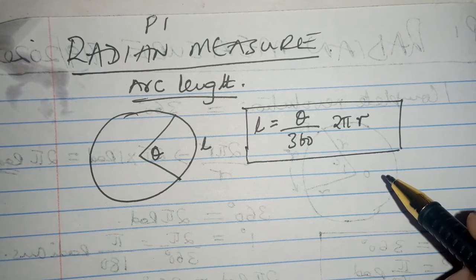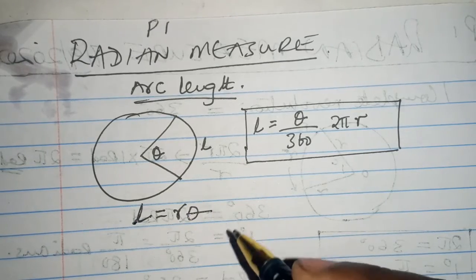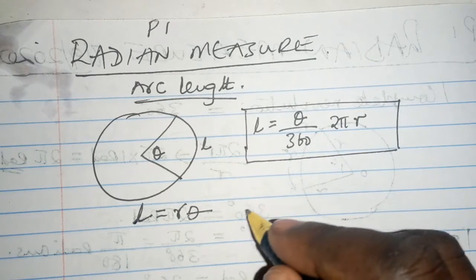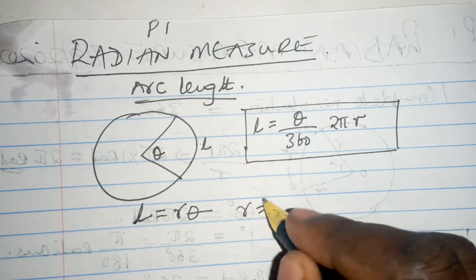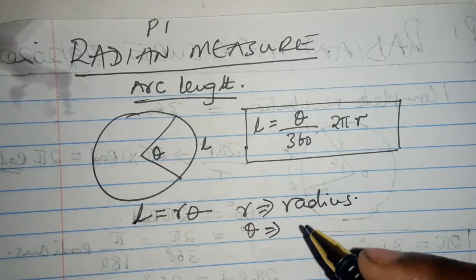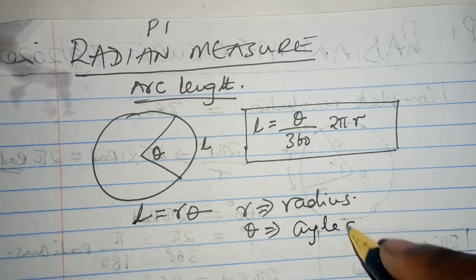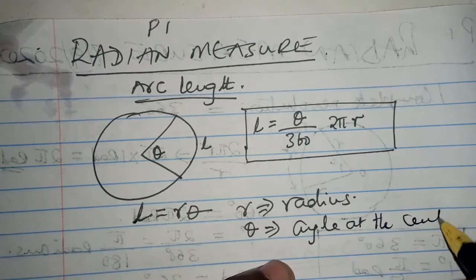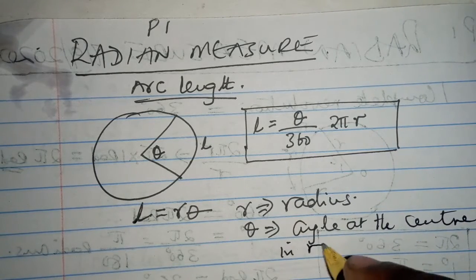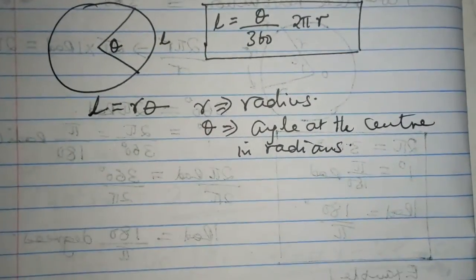It reads, to find the arc length L of a sector of a circle, use the formula L equals r theta, where r is the radius of the circle, and theta is the angle at the center, in radians.